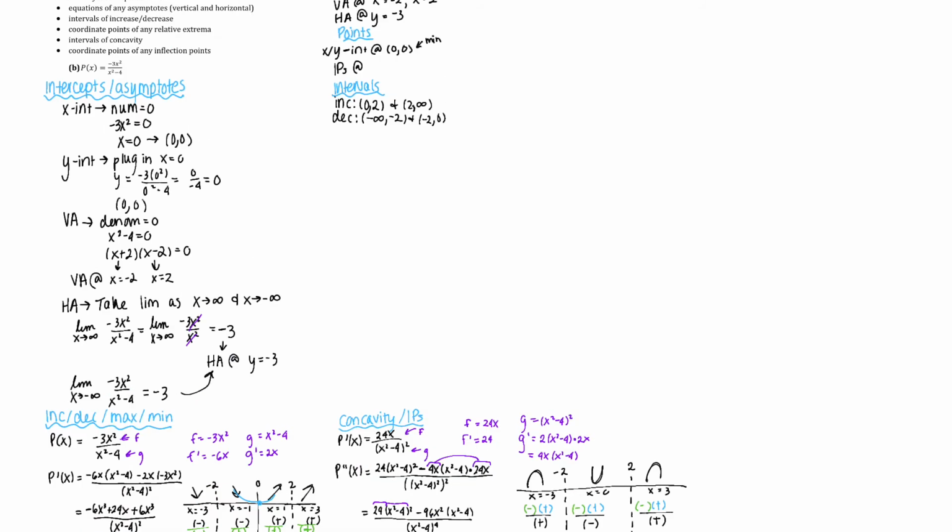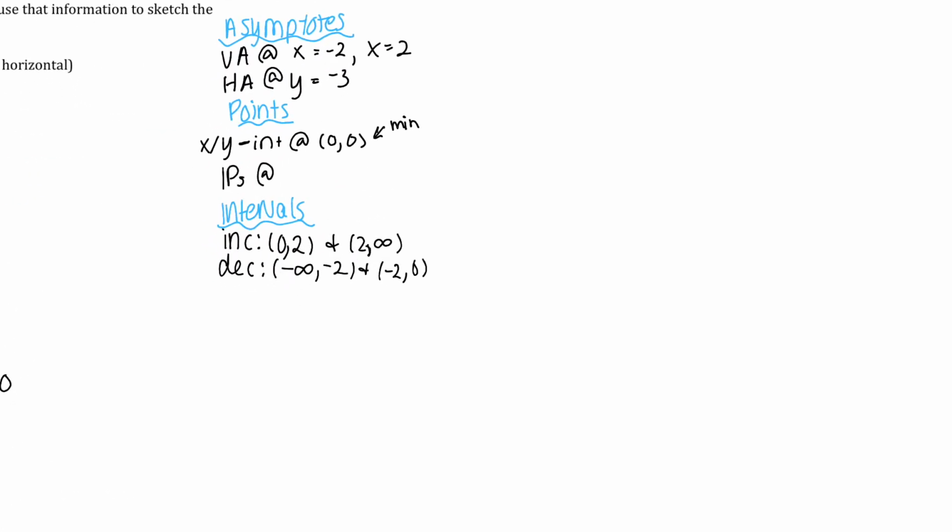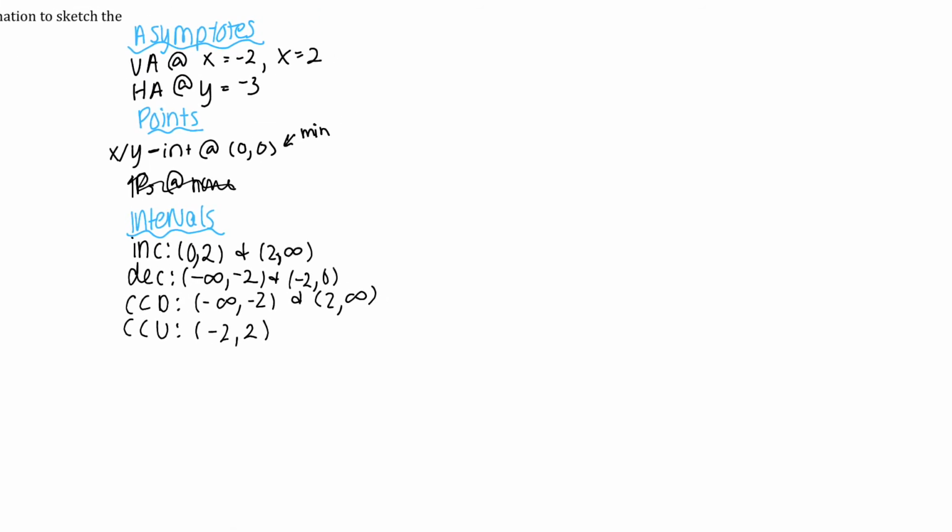So with that in mind, I can put that information over here. Bam. We have none. So we have no inflection points, so we don't need to worry about that. We only have one point to plot, and then the rest is just concavity and asymptotes.